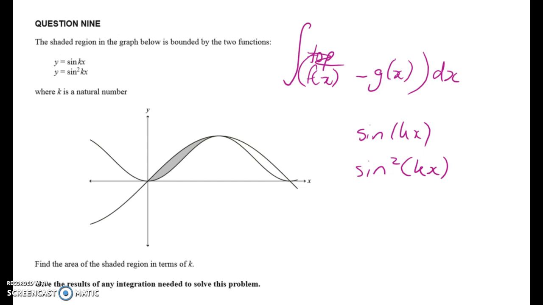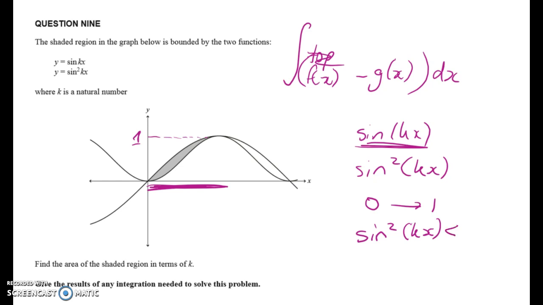Now, one of these curves is a sine curve, and so its maximum value is going to be 1. That means that everything we're working with in here is a decimal between 0 and 1, right? So all values in this bit of the sine kx curve are between 0 and 1, and that means that when I square that number, I'm going to have sine squared of kx being less than sine of kx.